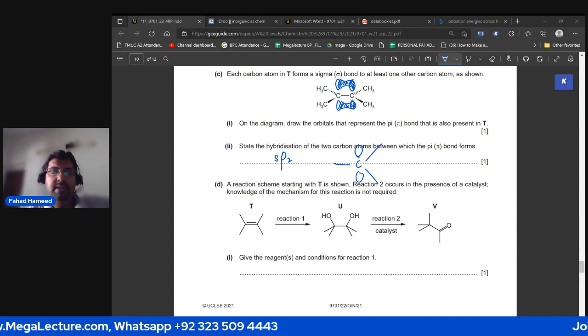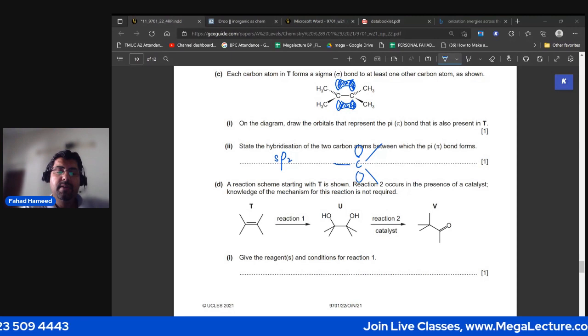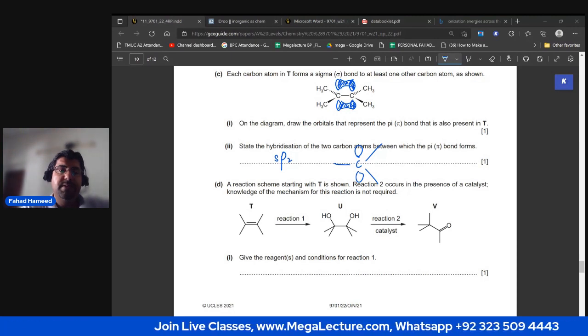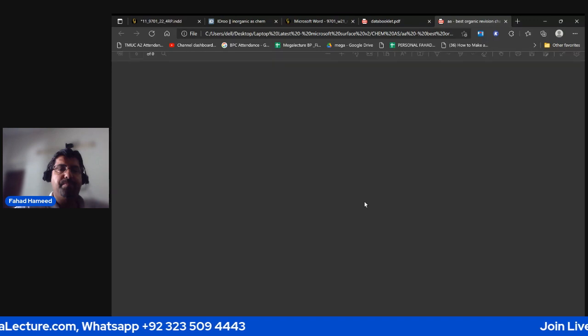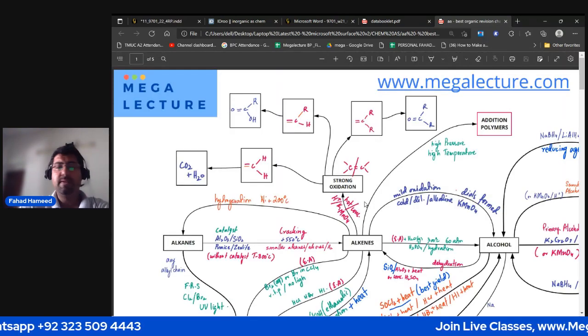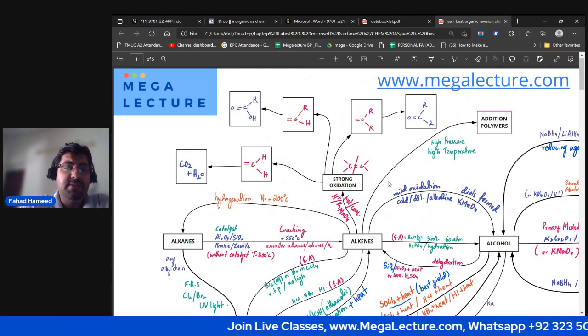So the organic revision chart, make sure you have this with you. And make sure you memorize all of this. So here is the revision chart on your screen now. So what happens? You have a double bond. Double bonds undergo two types of oxidations.